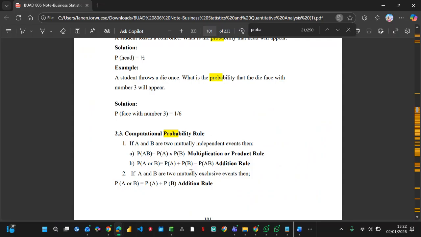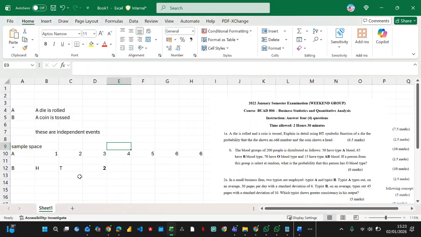Like I said, they are independent events. So if we want to apply the probability formula I showed you, for two independent events, event A is going to be multiplied by event B. The total outcome in event A is six, and in event B is two.